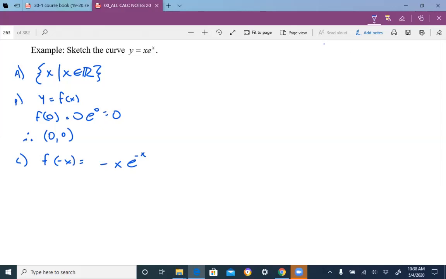If we factor out this negative, well, I guess it is already factored out. It's the negative of this, but that's not what f of x is. So therefore, no symmetry on this.